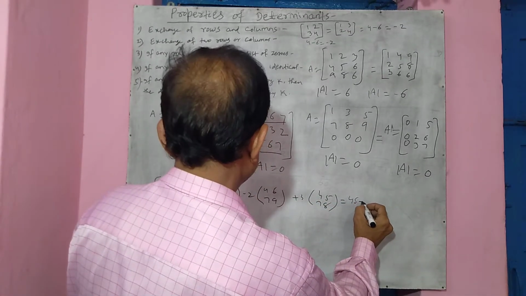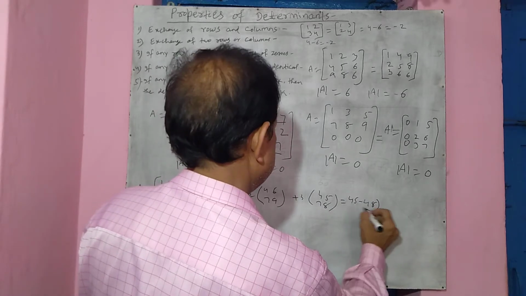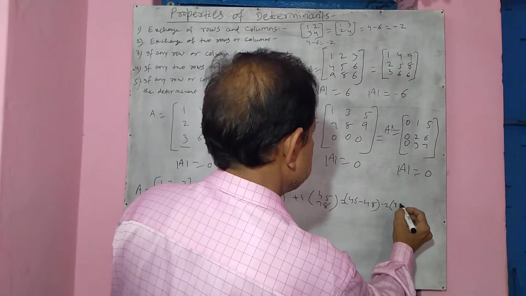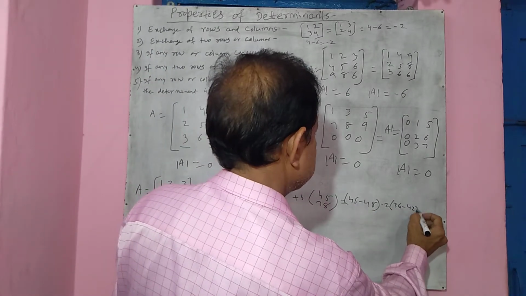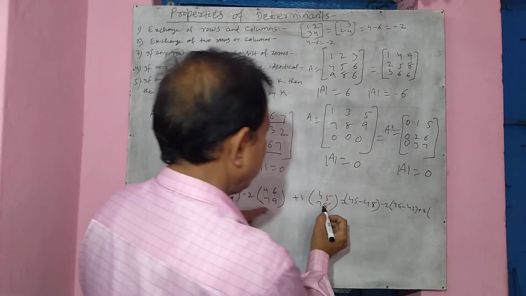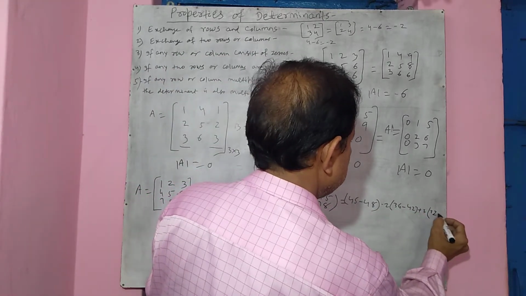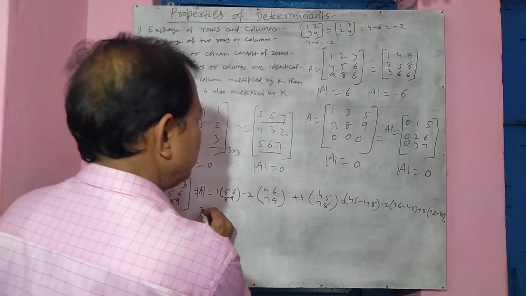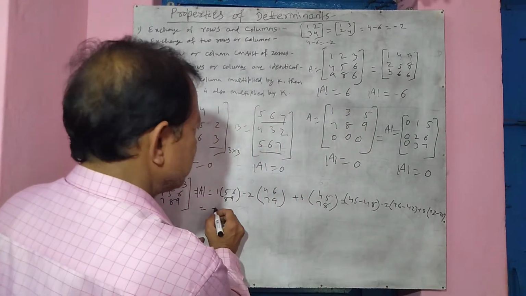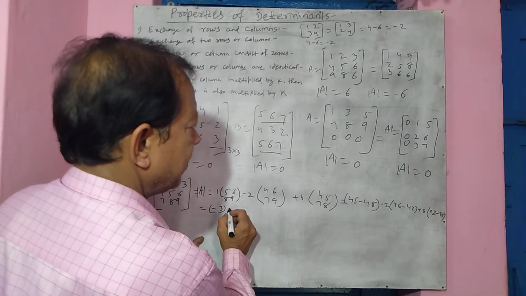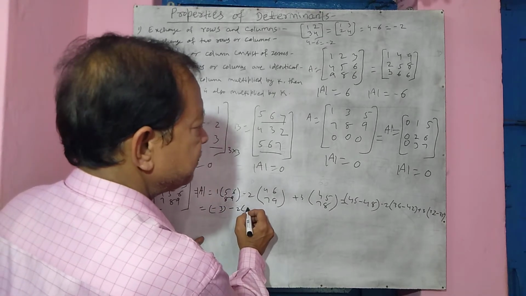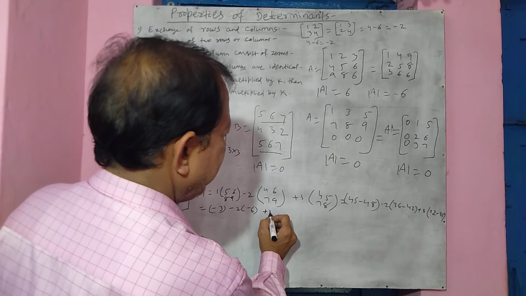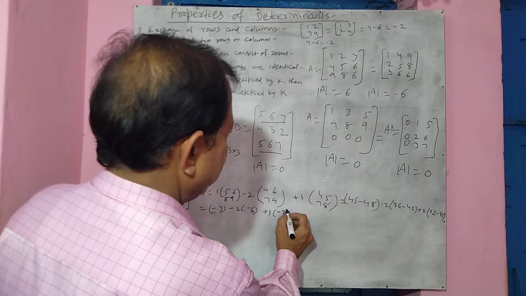That is equal to 1 times (45 minus 48), minus 2 times (36 minus 42), plus 3 times (32 minus 35). That is equal to 45 minus 48 is minus 3, minus 2 into minus 6, plus 3 into minus 3.